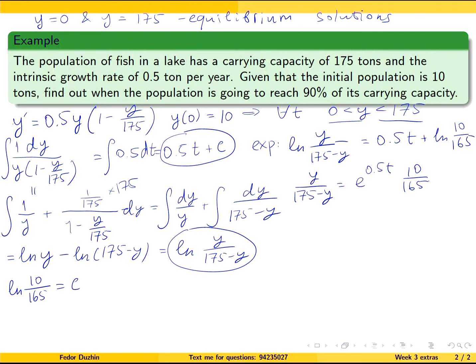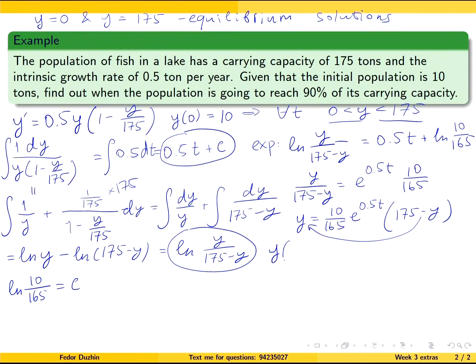So now we need to solve it for y. So how do we do that? First let's multiply by 175 minus y. So y equals 10 over 165 times e to the power 0.5t times 175 minus y. The next step is to move y to the left hand side, grouping all the terms with y together.